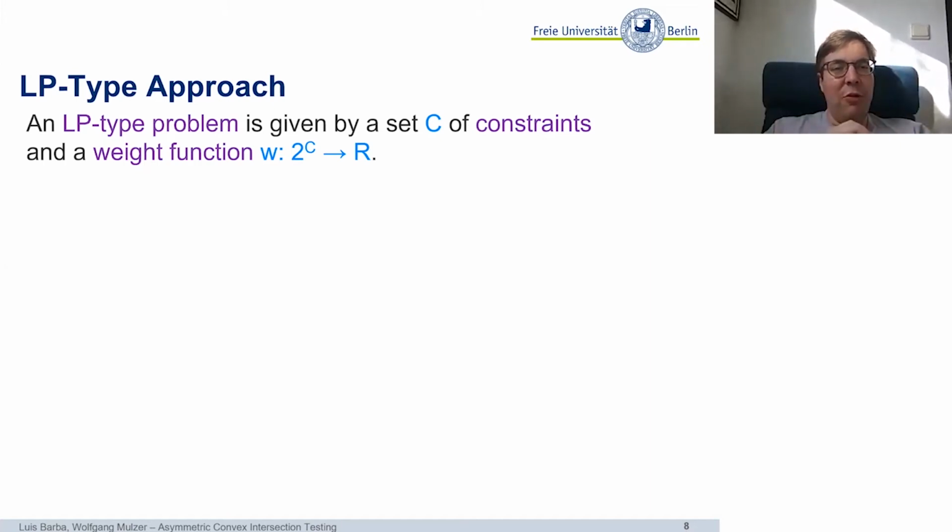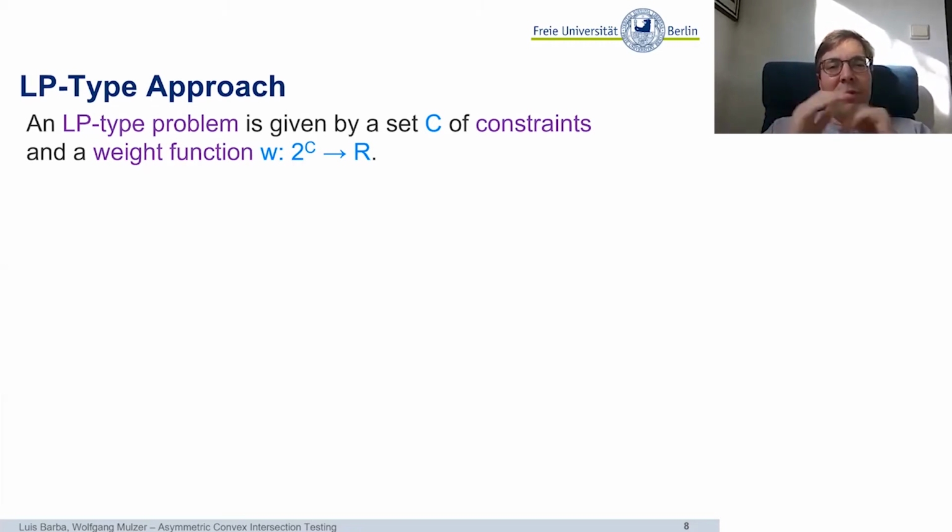So it's an abstract framework for solving problems that look like linear programming in constant dimensions, but are not quite the same. Let's see what this LP-type framework looks like.